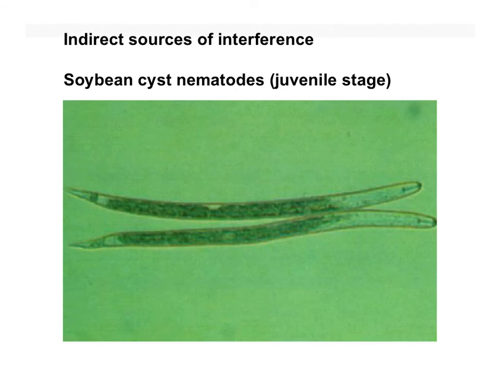This is what the juvenile stage of soybean cyst nematode looks like. You know it's a plant pathogen because it's got that stylet there. It's like a little needle that it injects into the host roots to suck out nutrients.